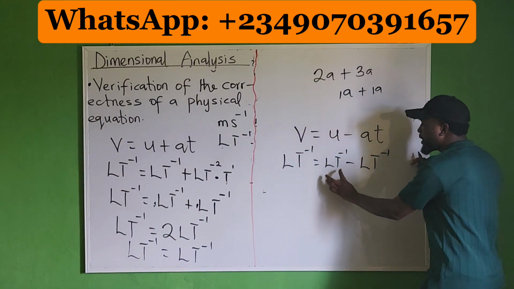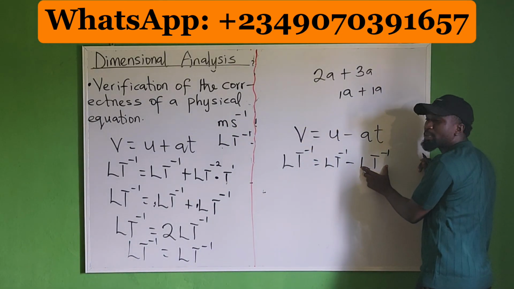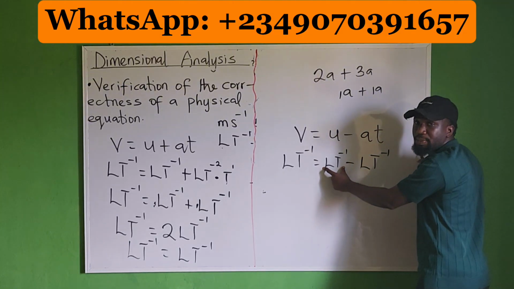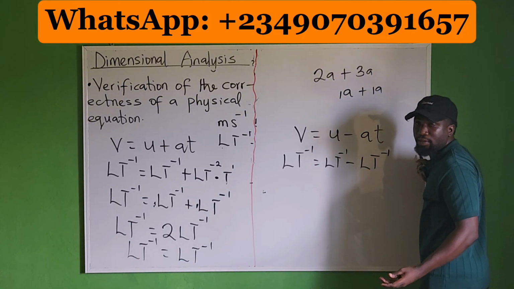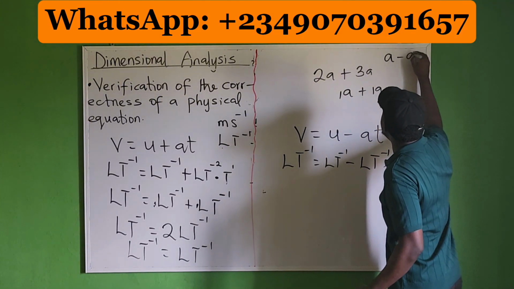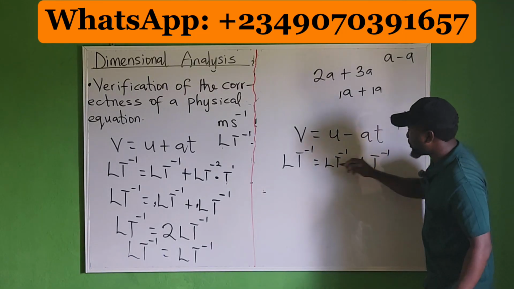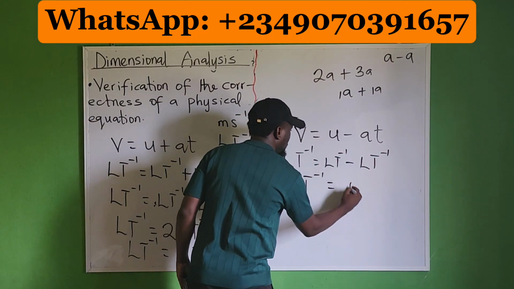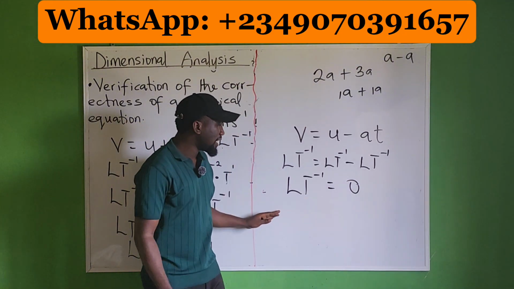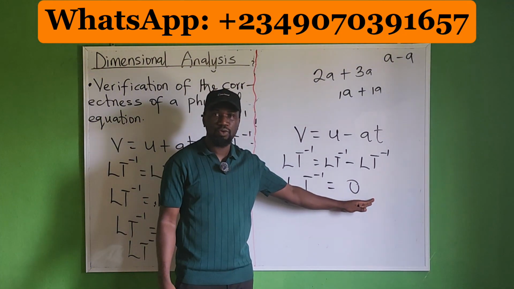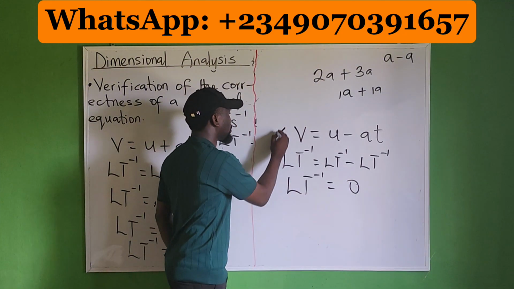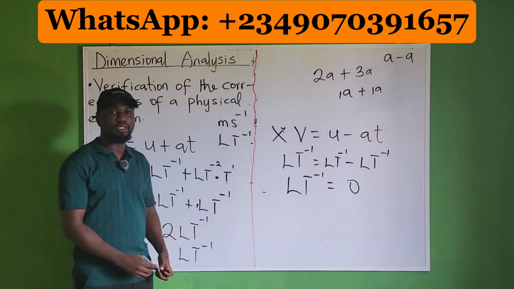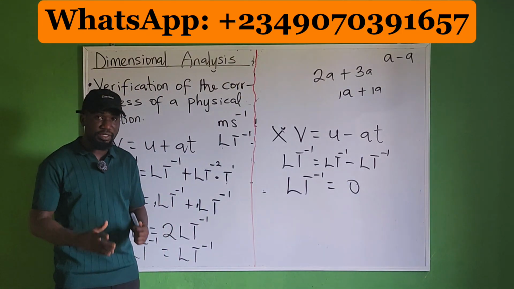So if I subtract LT^-1 from LT^-1, I'm going to have 0. That is, let's say I have A minus A, that is 0. So here is 0. So LT^-1 equals 0. Is the left hand side equal to the right hand side? No. So that means this equation is incorrect. Can you see now?